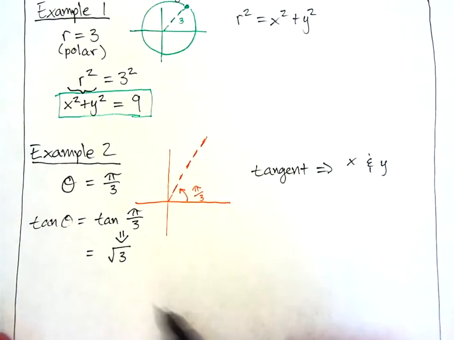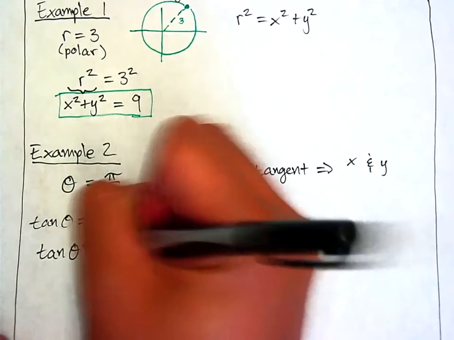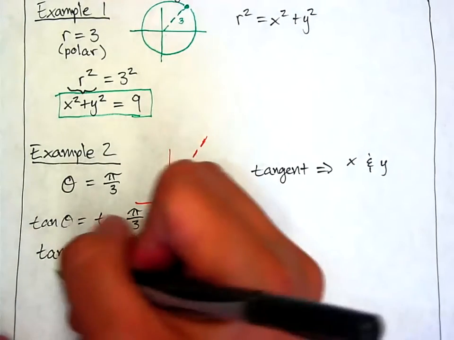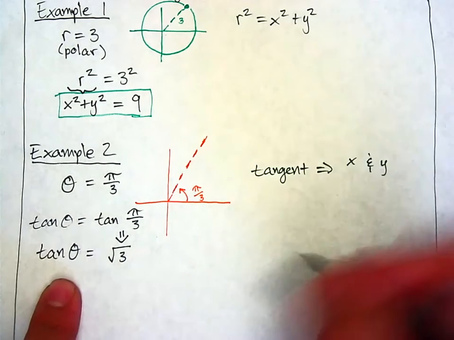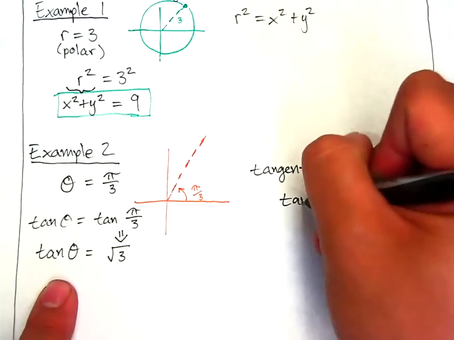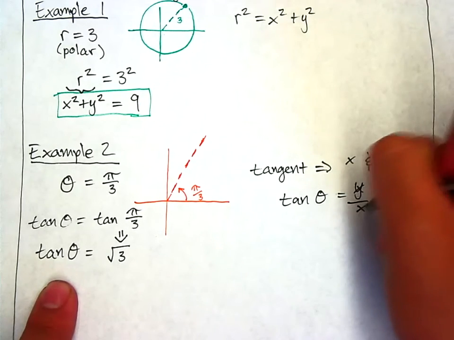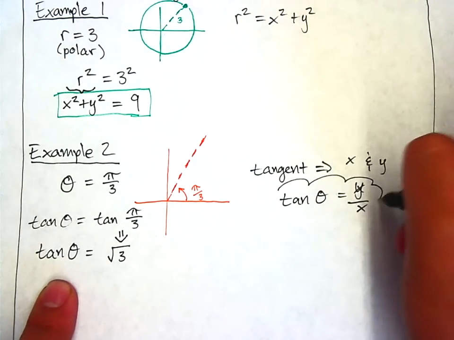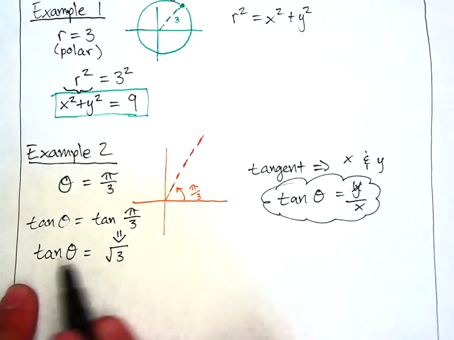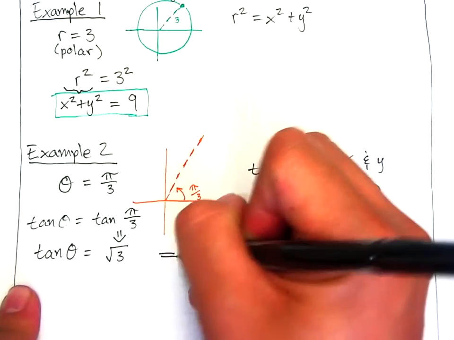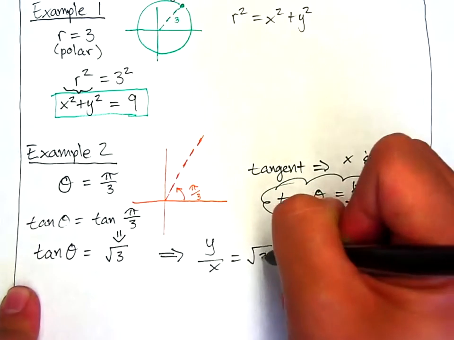Okay? And then tangent theta, I'm going to leave it as is for now, because we need to figure out what can I do now. I'm here at tangent theta equals the square root of 3. What could I do? Well, I remember that tan theta is equal to y over x. Okay, so that's going to be really important. So I'm going to go ahead and substitute tan theta with y over x equals square root of 3.